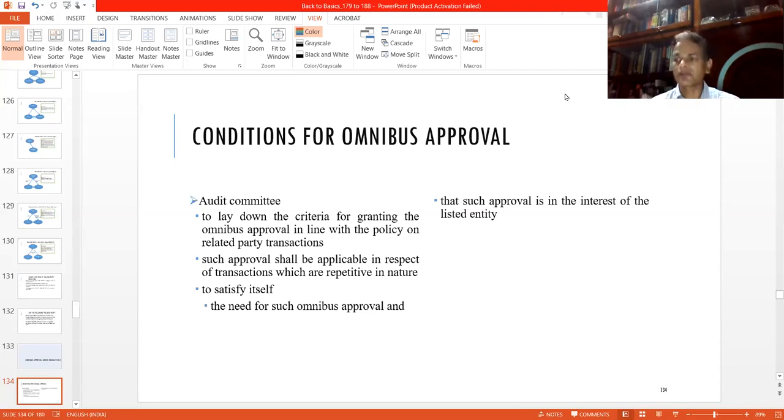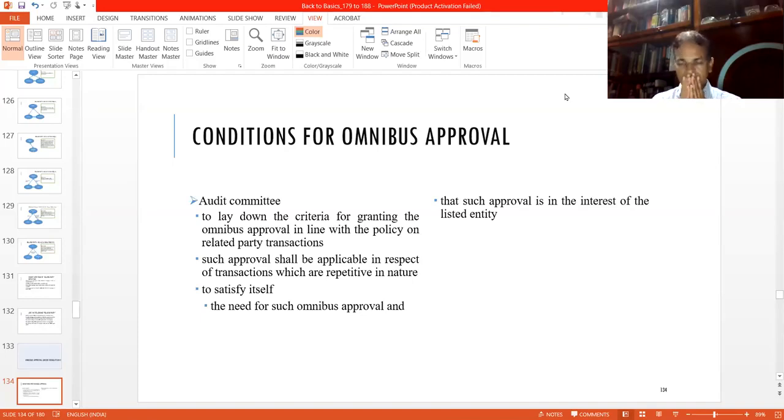He'll give an ALP confirmation that this transaction is priced at an arm's length price. Now they take the ALP certificate and are happy: my auditor has given a certificate that it is arm's length. The auditor did not say anything about the other terms. Did the auditor look at the other terms? The other terms of the transaction will also need to be seen. We cannot treat a transaction as an arm's length transaction without seeing the other terms of the transaction.